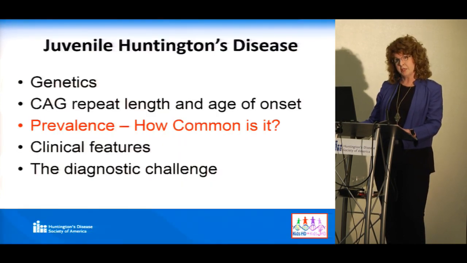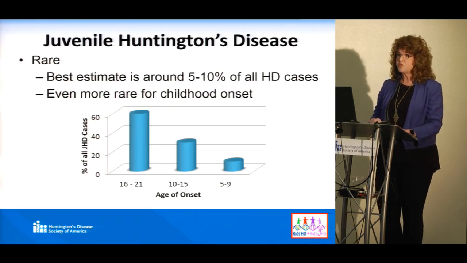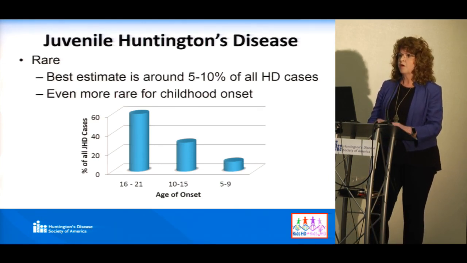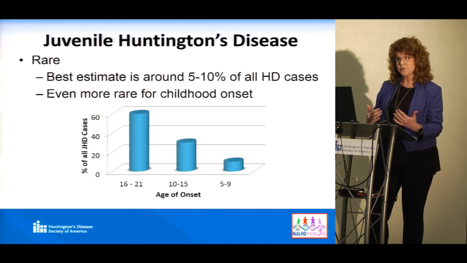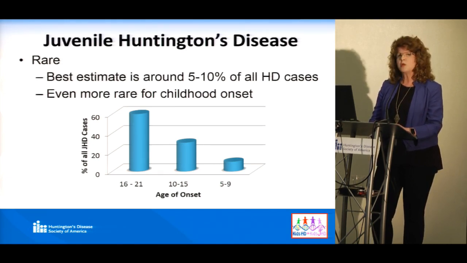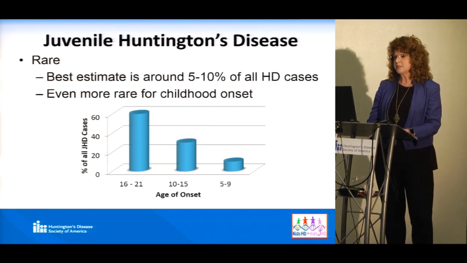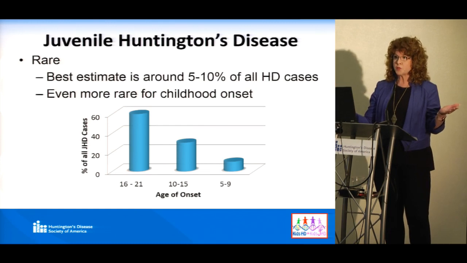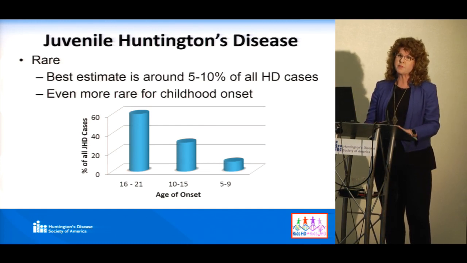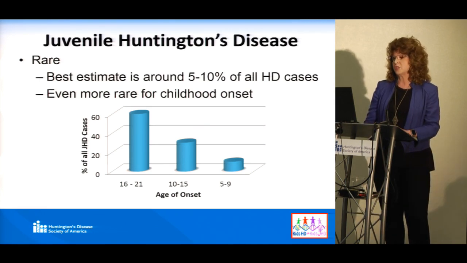So how common is JHD? Well, the good news is that it's rare. Huntington's disease itself is rare, and then JHD in particular is rare. If we look at all of the HD patients, the best estimate is that about 5 to 10% of them will be diagnosed before the age of 21, or diagnosed as JHD.